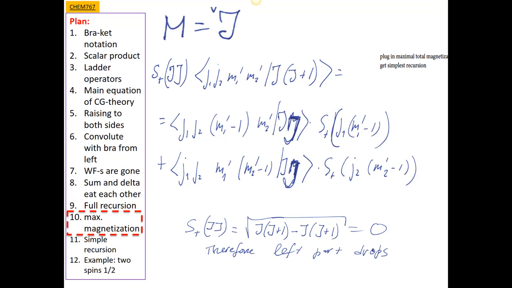Let's keep the same order as here. 1/2, minus 1/2. 0, 0.